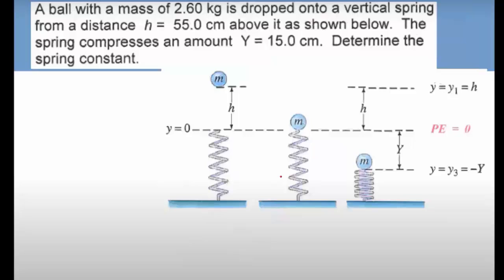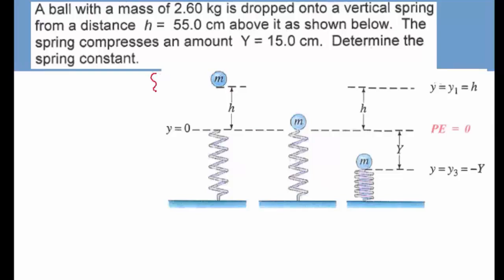Now, in the third problem in this review, we'll discuss a problem from chapters 7 and 8 over conservation of energy and how it's related to gravitational potential energy and also the elastic potential energy of a spring. In this example, if you look at it carefully, you can see that it's composed of 2 stages.